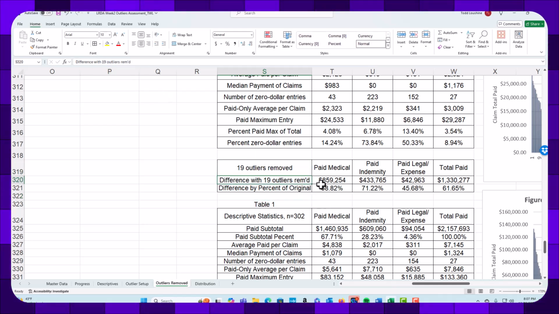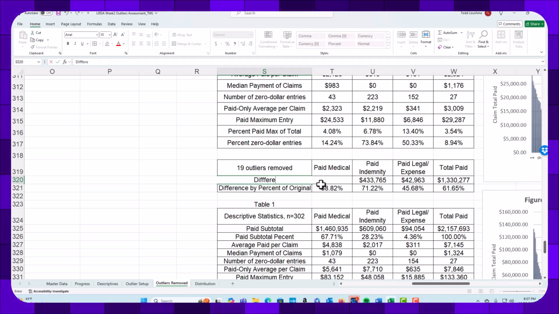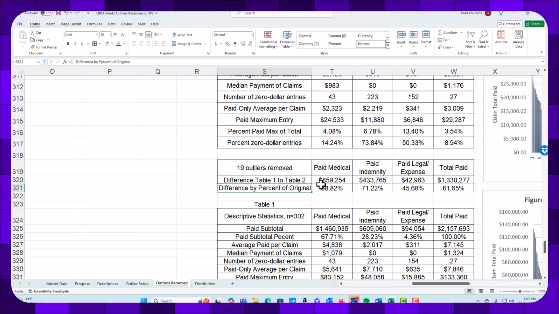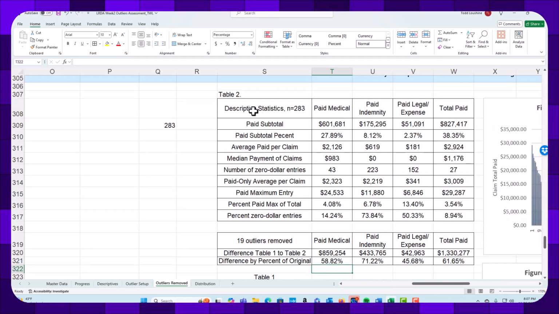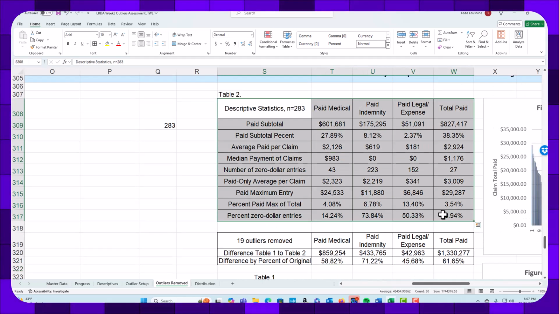And then this would be the difference. Difference by percent of original. All right, so this is the new one. This is table 2. I'm going to copy it.